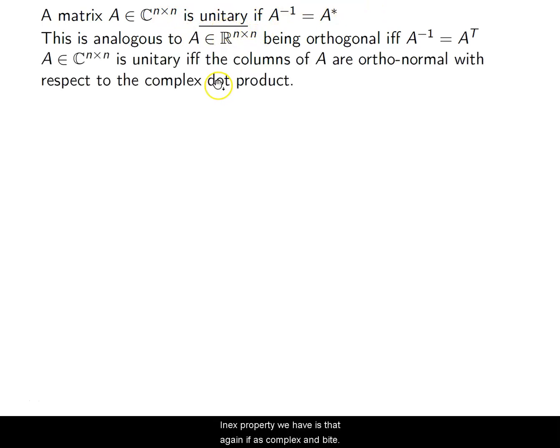Our next property is that if A is complex n by n, it is unitary if and only if the columns of A are orthonormal. Same thing here. The only way for this to work was when our matrix was orthonormal, and in this case, with respect to the complex dot product.